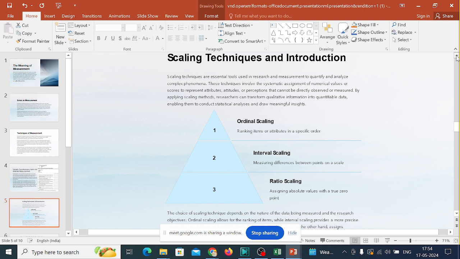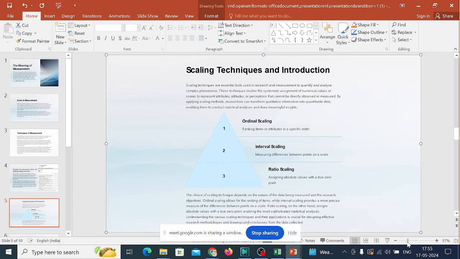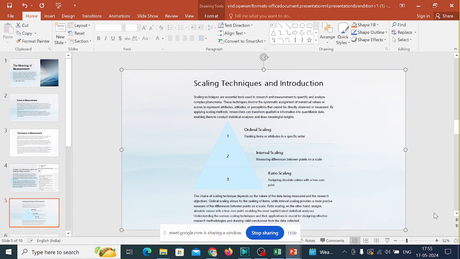By applying scaling methods, researchers can transform qualitative information into quantifiable data, enabling them to conduct statistical analysis and draw meaningful insights. So that is why the scaling tool is very important.